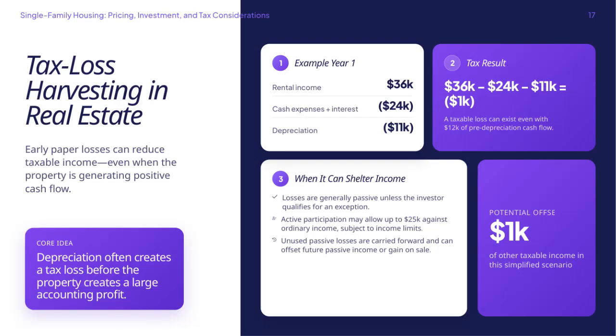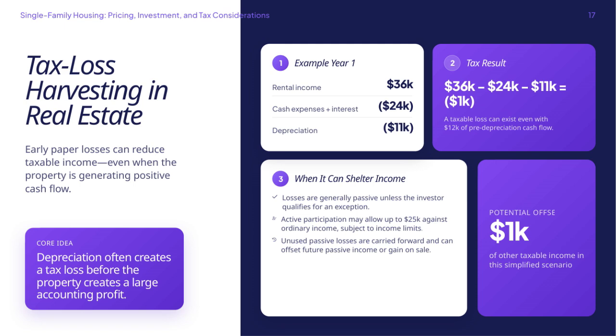When we talk about tax loss harvesting in real estate, the main idea is that early paper losses can actually reduce your taxable income, even if the property is bringing in positive cash flow. One key factor here is depreciation, which often creates a tax loss before the property starts showing a significant accounting profit. The core concept is that while losses are generally considered passive, there are exceptions.